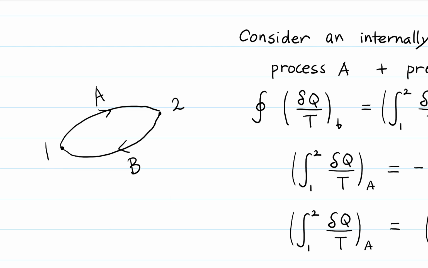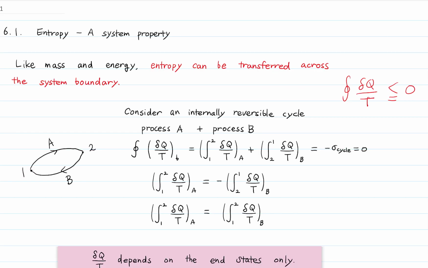Similarly, let's consider reversible cycles between state 1 and state 2. So process A goes from state 1 to 2, and process B goes from state 2 to 1. So let's take a cyclic integral of delta Q over T between the two states. So it has two parts, integral from 1 to 2 and integral from 2 to 1.